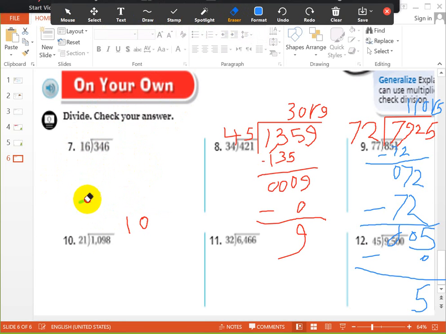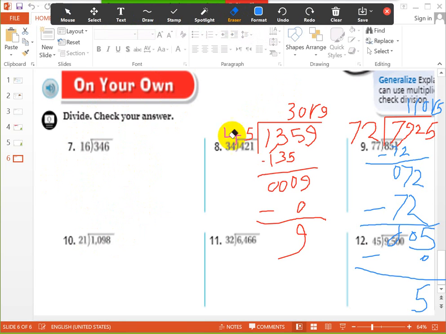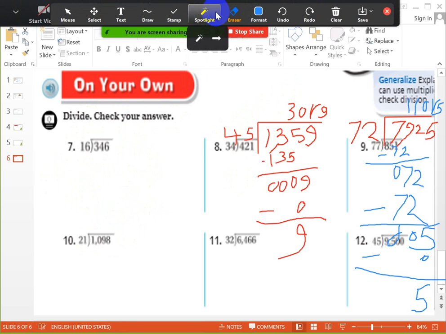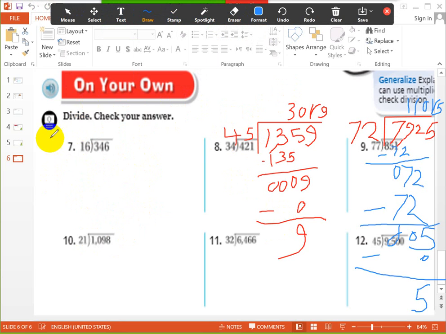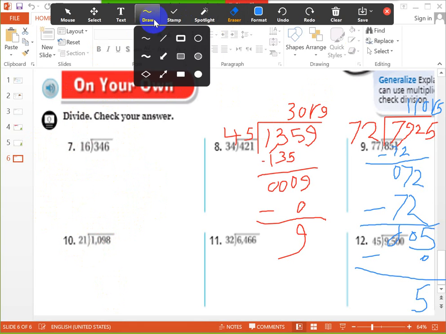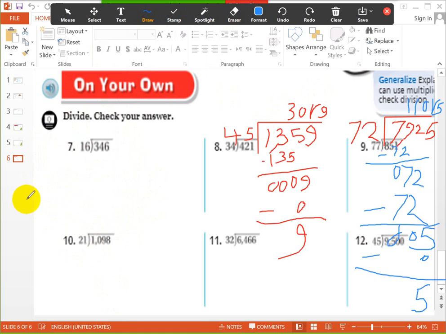So I will solve number 7 and number 8. And if I solve an exercise, just do a check next to it to know that I solved it in the class, okay? Because I can't solve all exercises on this page in our class. And don't forget that today we have homework. So don't forget to do the homework on page 123.